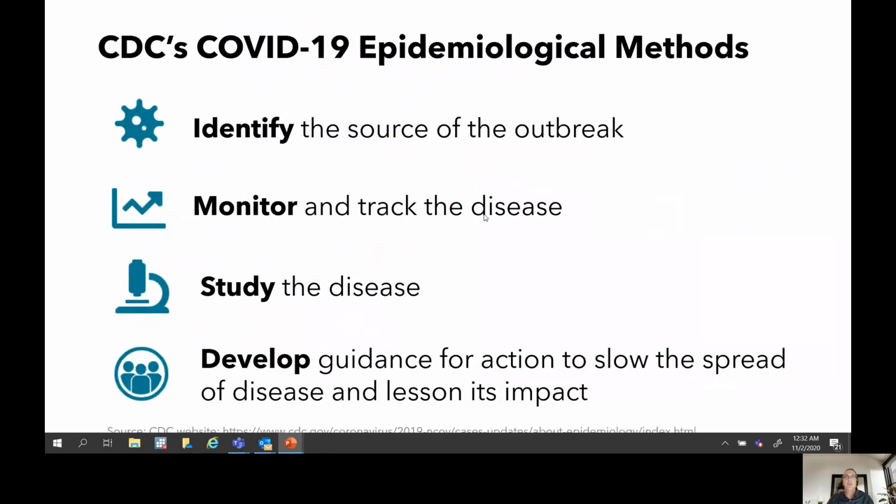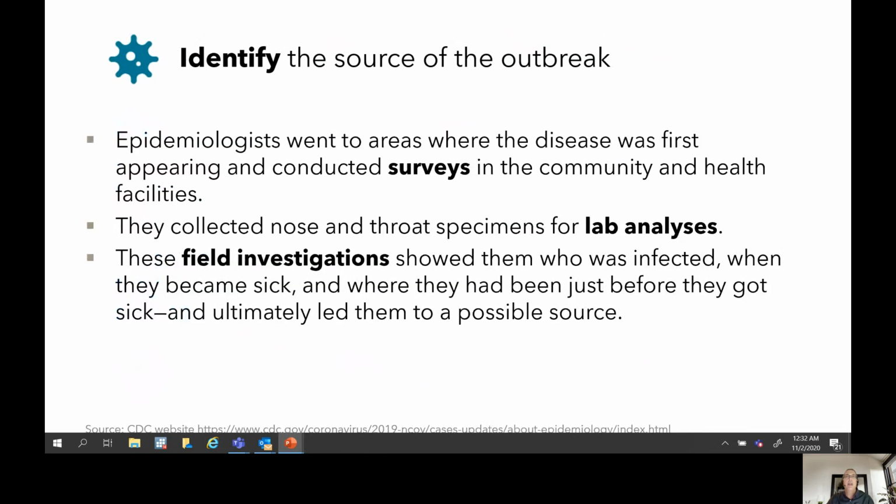So I'm now just going to try to briefly go through some of the epidemiologic methods we use here at CDC for COVID-19, but this can apply to really any epidemic or pandemic for that matter. The first is identifying the source of the outbreak, and I'll start there.